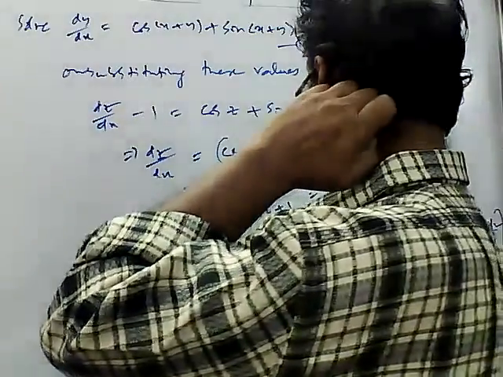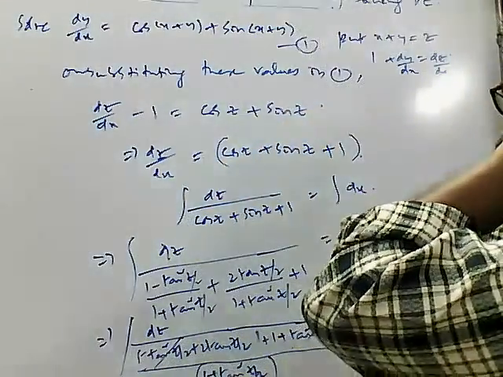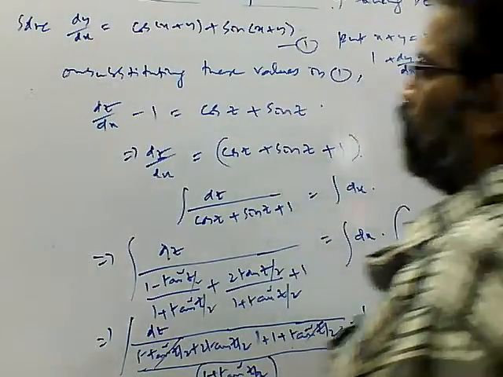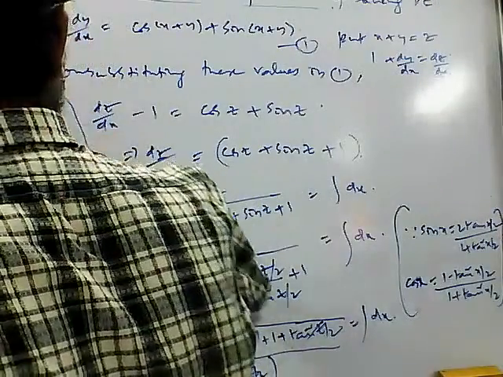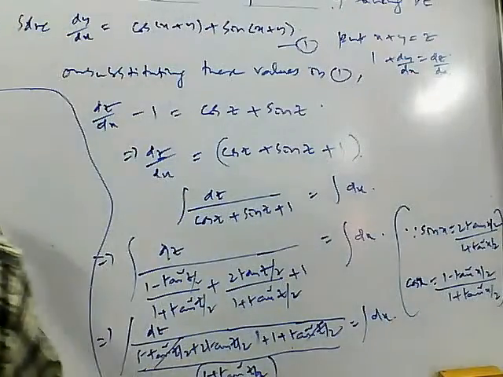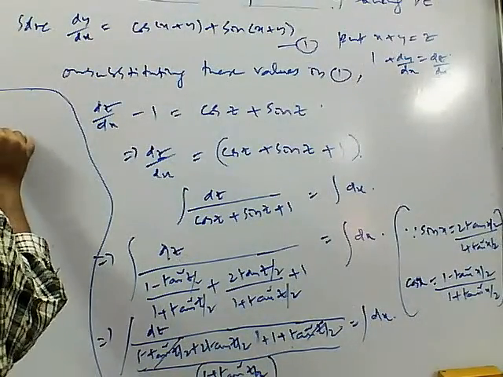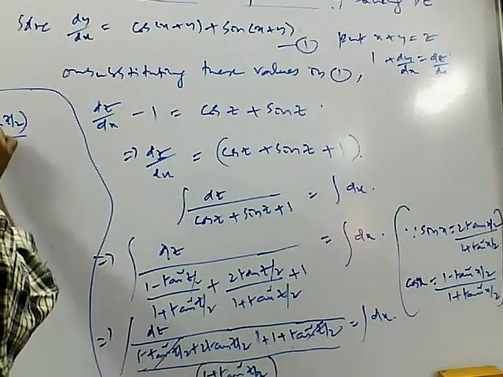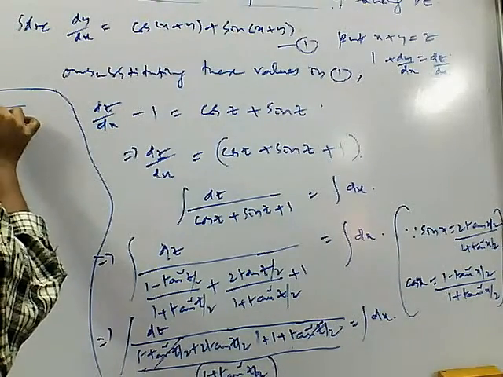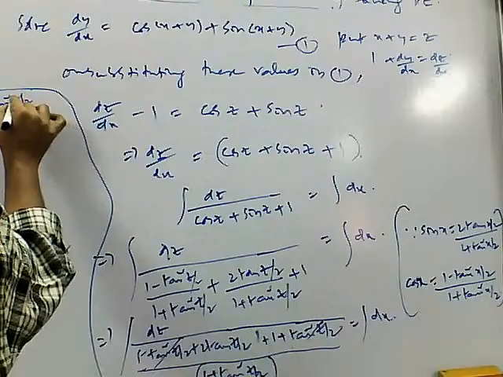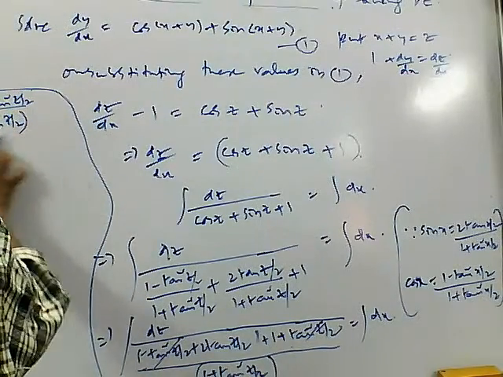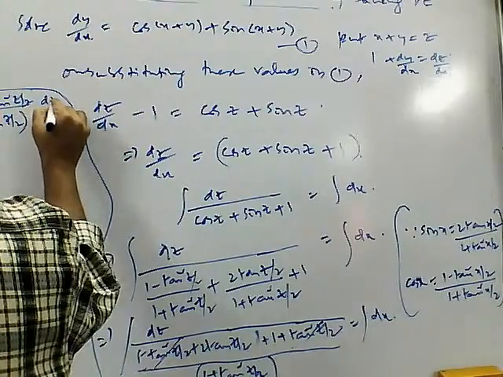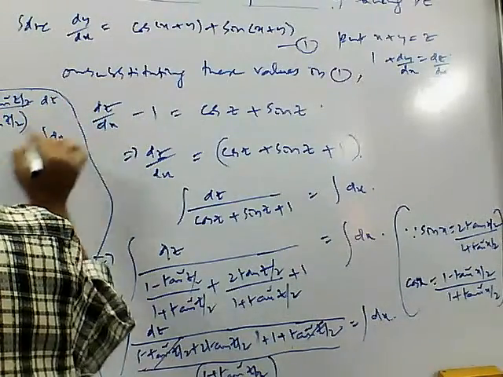The tan²(z/2) cancels, giving 2 + 2 tan(z/2), that is 2(1 + tan(z/2)) over 1 + tan²(z/2), dz equals integral dx.